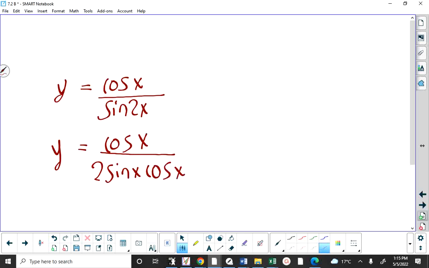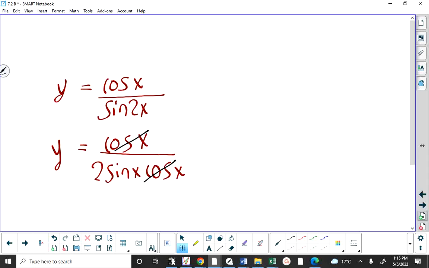Now the double angle identity has a purpose. And this is what I've tried to teach you whenever we learned about identities in Math 30. You use an identity if it's going to take you somewhere. You don't automatically say, oh, I could use an identity here, I'd better do it. This takes us someplace because these two cosine functions cancel.